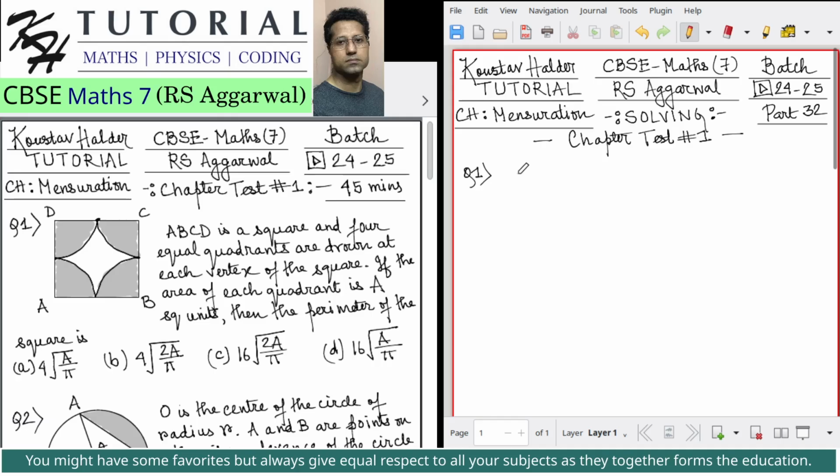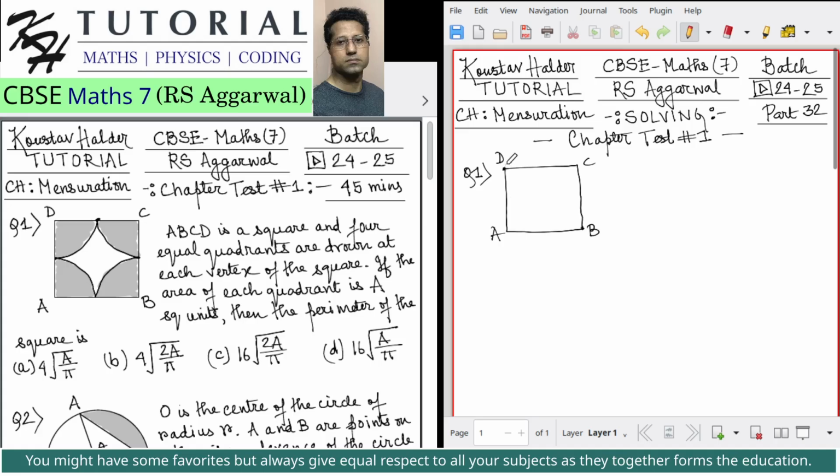Now, the diagrams I will draw for each problem will be very approximate. Please do not consider them to be perfect. So this is the square ABCD, and we have the quadrants drawn at each corner of the square.